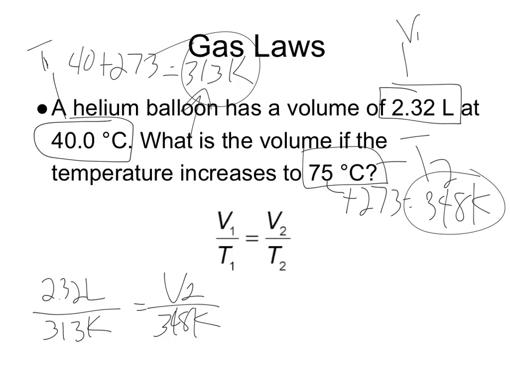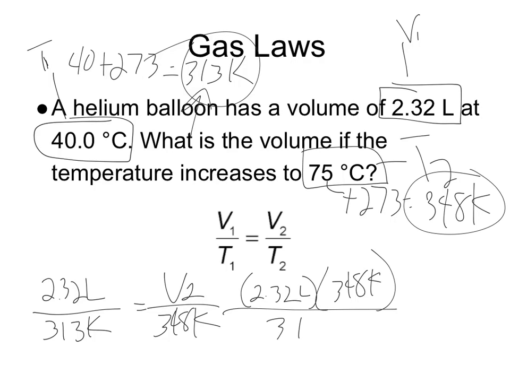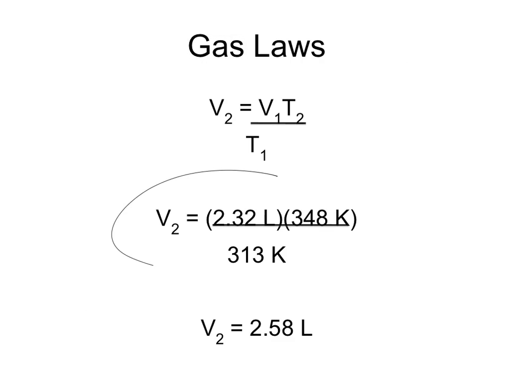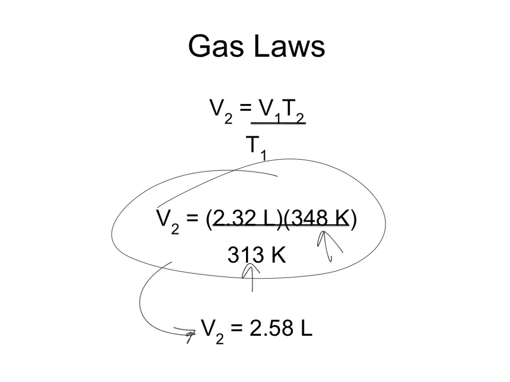But we end up with 2.32 liters times 348 Kelvin divided by 313 Kelvin equals V2. When we do that math out, we get an answer of 2.58 liters. We said that temperature and volume go in the same direction. The temperature went up from 313 to 348, and the volume also went up from 2.32 to 2.58, so it follows the rule.